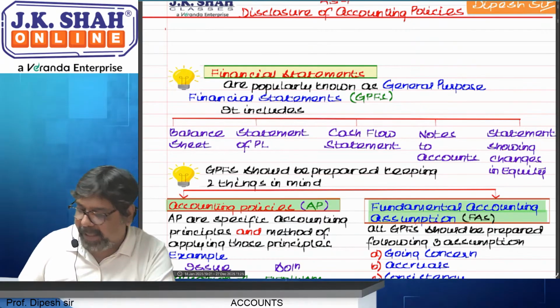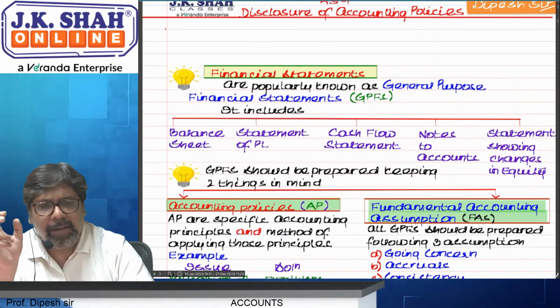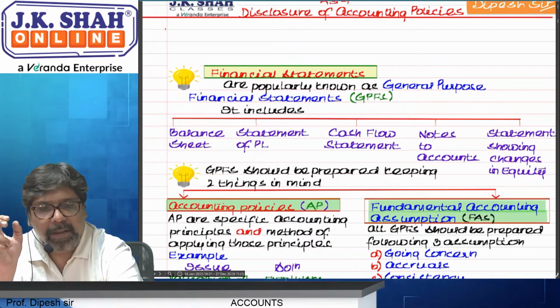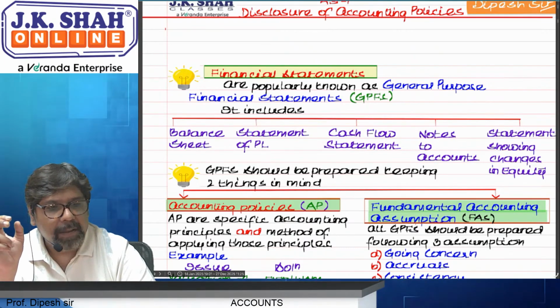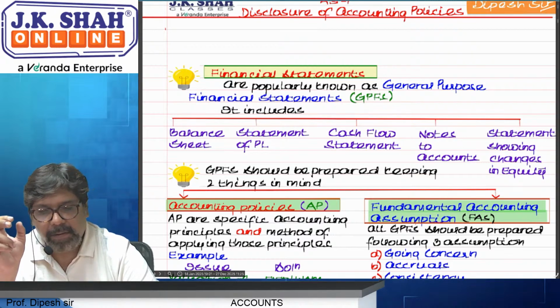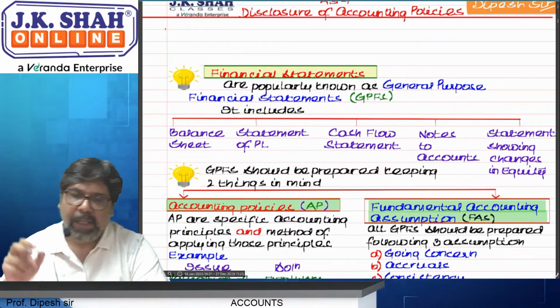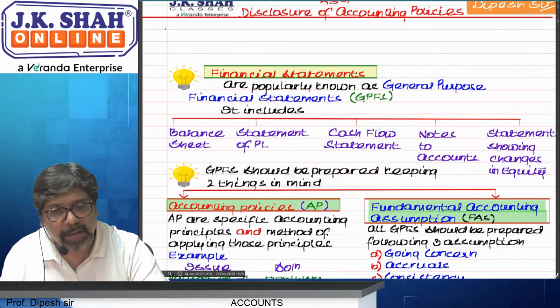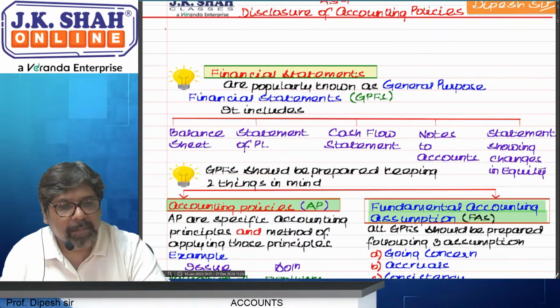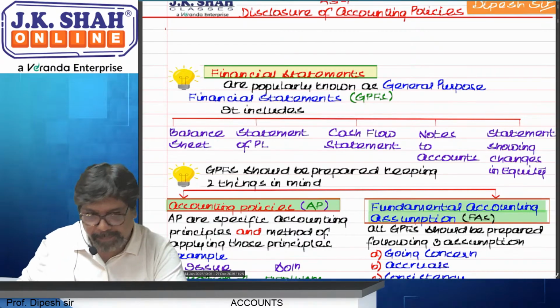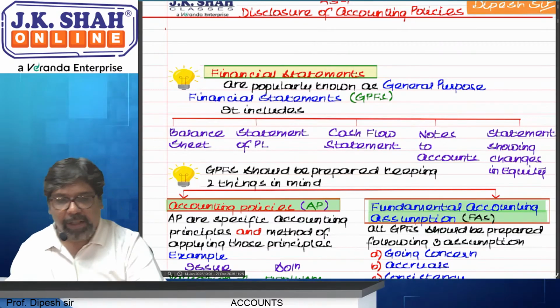Now चार्टर्ड जैसे ही मैं पढ़ा, एक सेकंड, वन मिनट. Now, disclosure of accounting policies.